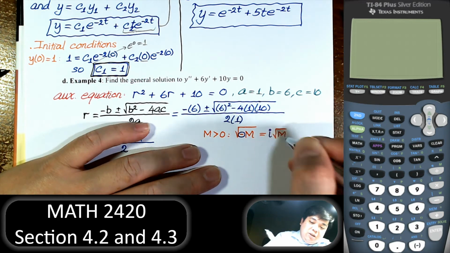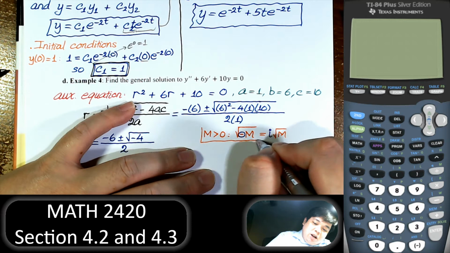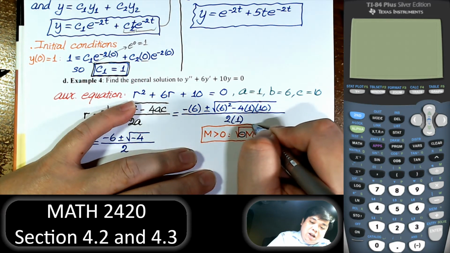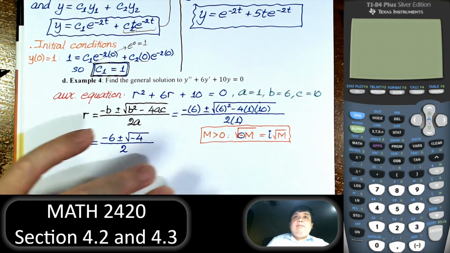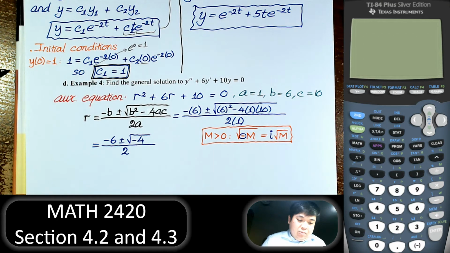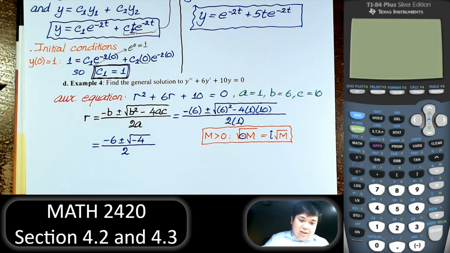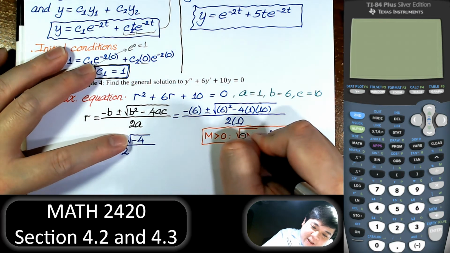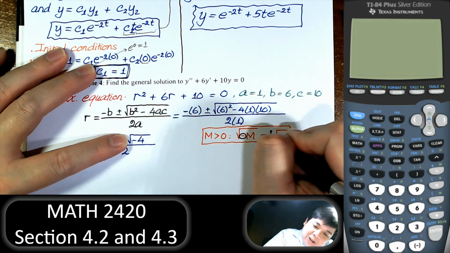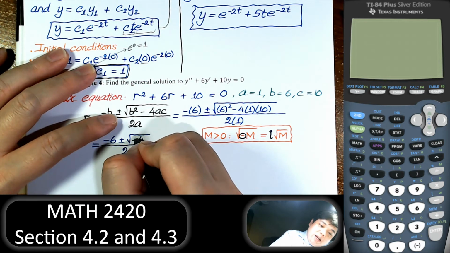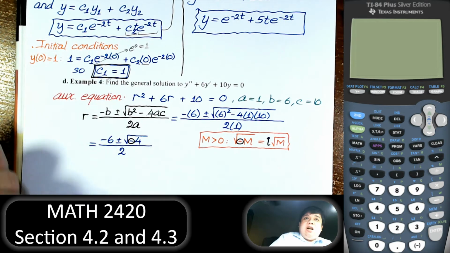So we take the negative inside the square root, move it outside, and it becomes the imaginary number i times the square root of that number.